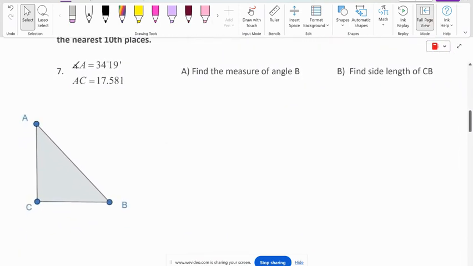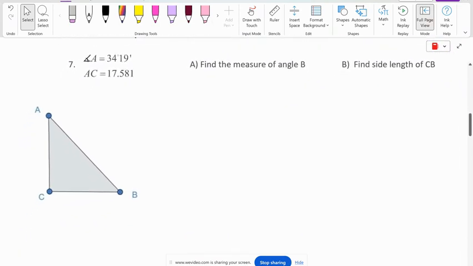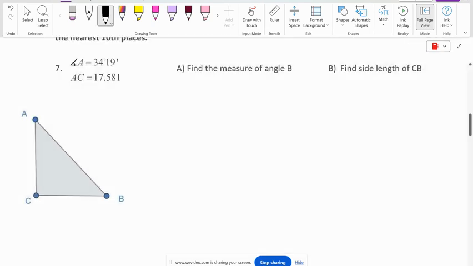So now the triangle problems. I'll do the first one with you and you guys will do the second one on your own. There should be a right angle here, which I believe is in the review. I drew it in. Angle A is 34 degrees and 19 minutes. AC is 17.581 units long.